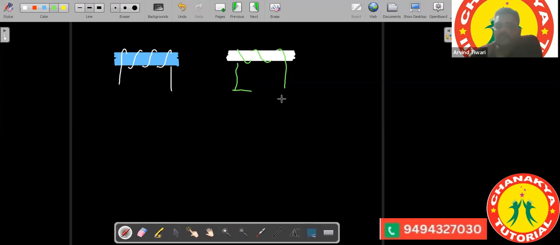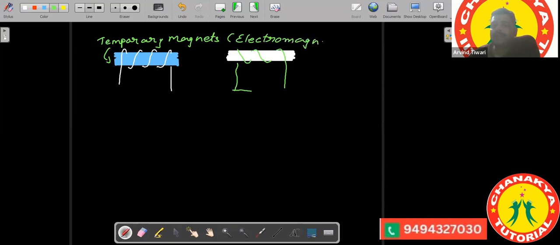Now, what we wanted over here is that this substance which is put inside it becomes a temporary magnet. Such temporary magnets are called electromagnets, as they are made with the help of electric current, and their magnetism lasts only till there is an electric current.